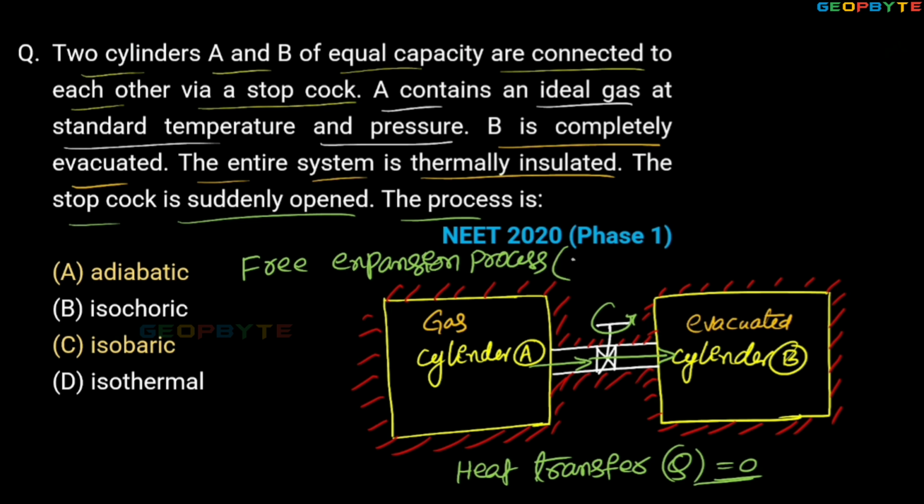So, free expansion is an irreversible adiabatic process. Understood clearly? So, adiabatic process, but irreversible. Option A can be selected. Option A is absolutely correct.